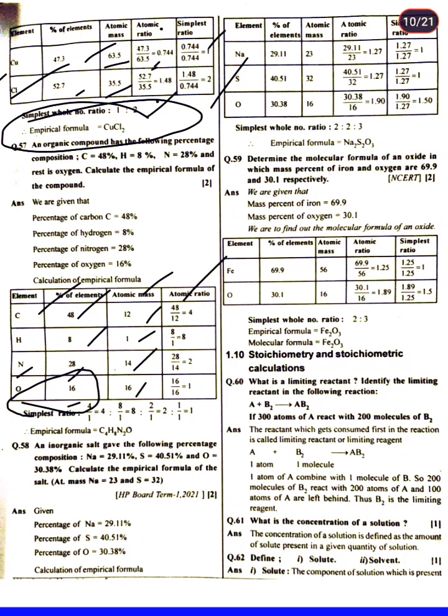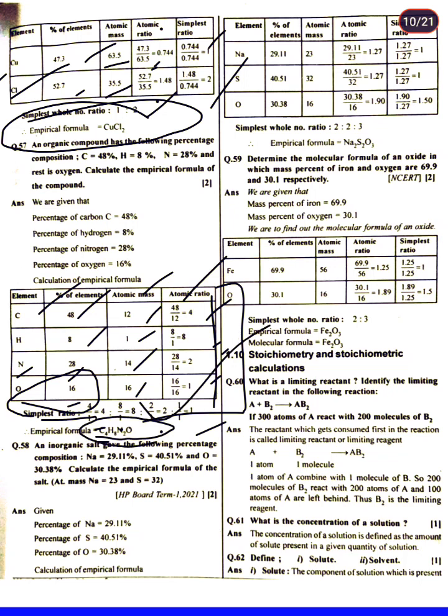We will get 4:8:2:1, so with this we get the simplest ratio in the last step, that is 4:8:2:1, and C4H8N2O is the empirical formula.